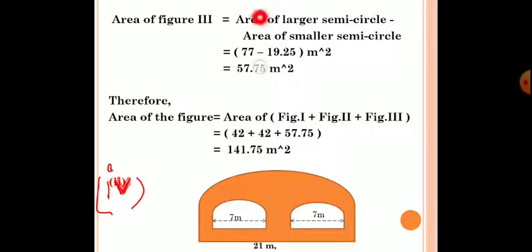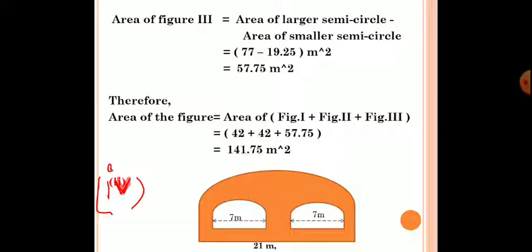So the area of figure 3 is the area of the larger semicircle minus the area of the smaller semicircle, that is 77 minus 19.25, which is 57.75 meters square. Therefore, the area of the figure is equal to figure 1 plus figure 2 plus figure 3, which is 42 plus 42 plus 57.75, which is 141.75 meters square.